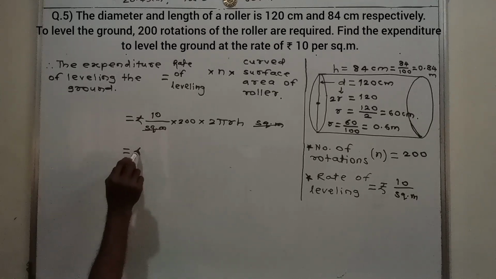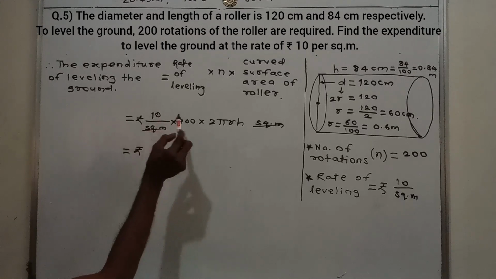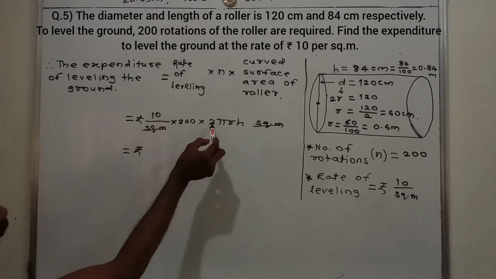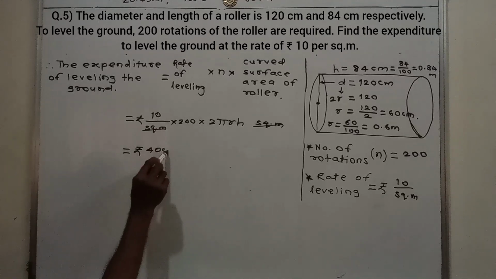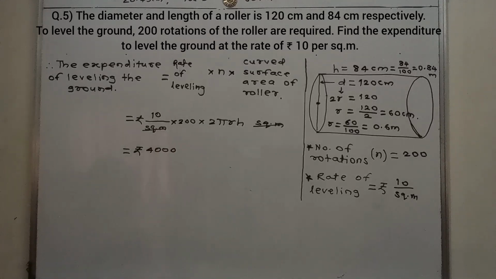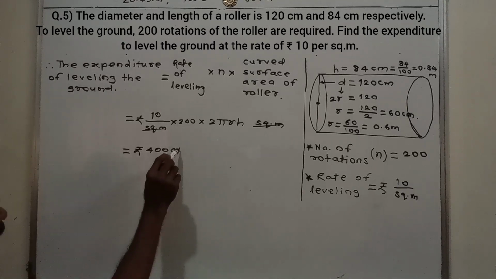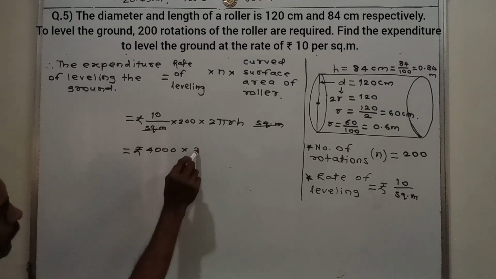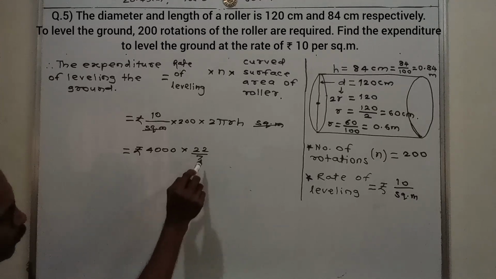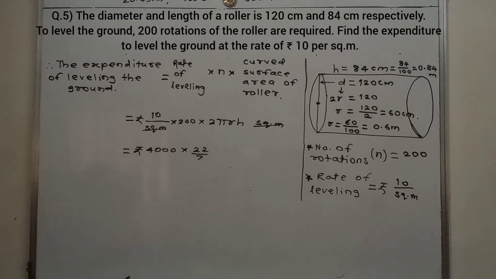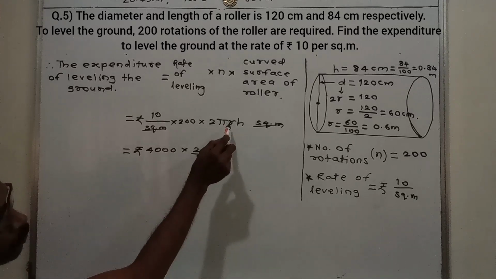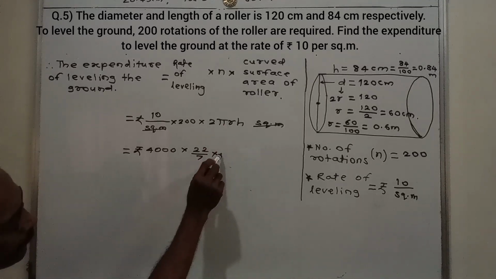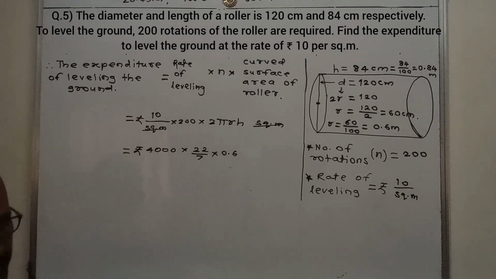Therefore, rupees, see here, 10 into 200 into 2 means 4, 2 to the 4 and 3 zeros, into 22 upon 7 into r. Pi is not given, so 22 upon 7. What is r? 0.6, the radius.